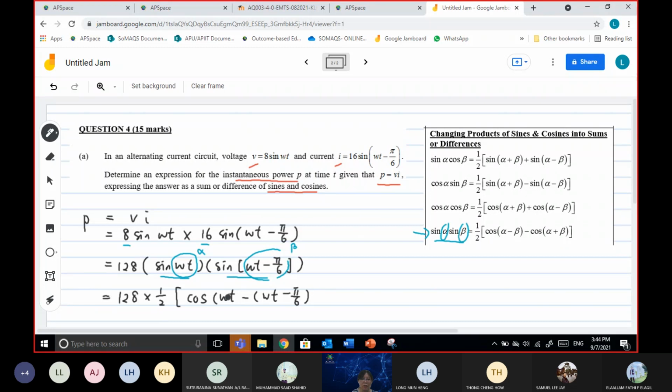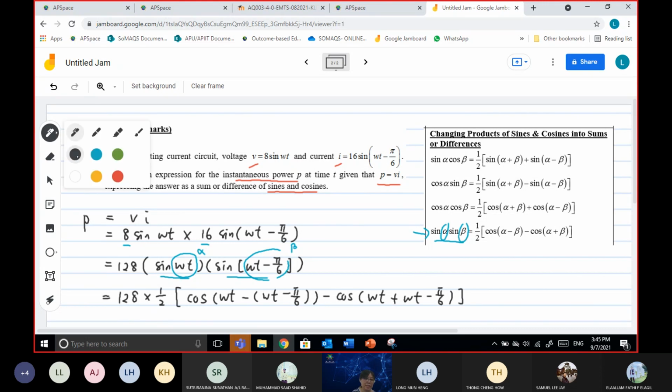Then minus cos(alpha plus beta), so ωt plus ωt minus pi over 6.